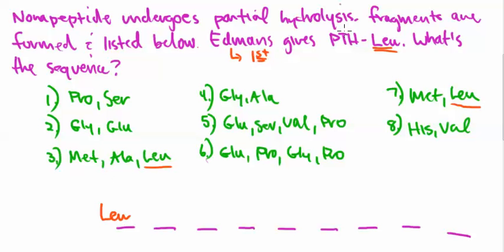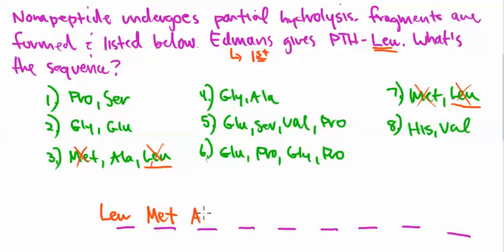What's good here is that at number 7, I know that there's only one other amino acid in that fragment, and that's methionine. So I know that methionine has to go here in spot number 2. So this leucine's taken care of, and the methionine's taken care of. In fragment number 3, the leucine and the methionine are there again, and I've got a third amino acid that's tagging along.